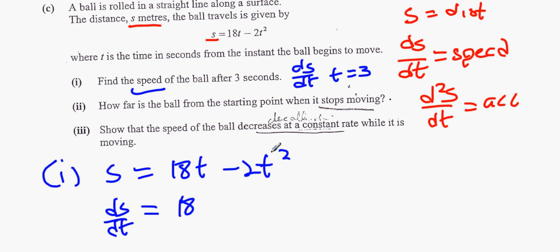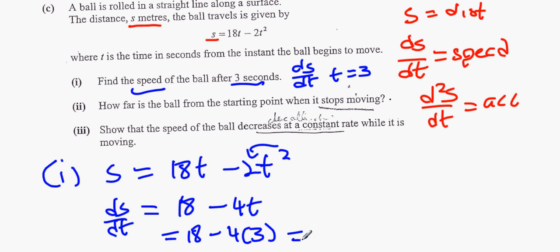Bring the 2 to the front, comes minus 4. Take 1 away from the power, 4t. And we have to find out the speed after 3 seconds. So replace in 3, 18 minus 4 times 3, which equals 18 minus 12. That's going to get us 6. Now, it's in meters and seconds, so meters per second is the unit of speed.